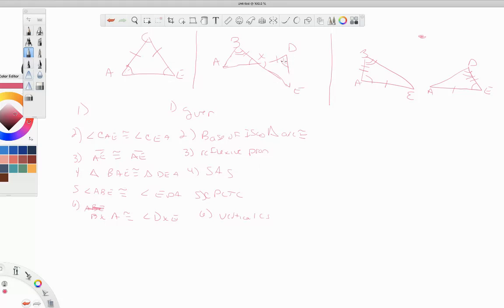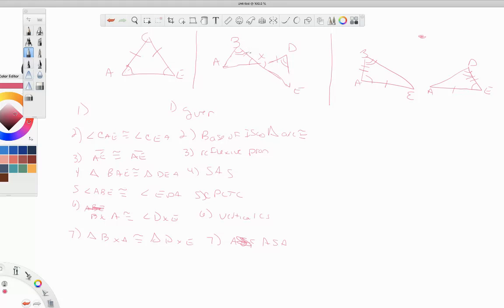Okay, so now I've got angle, side, angle, with the side included. So now I can say this triangle is congruent. So I can say triangle BXA is congruent to triangle DXE because of angle, side, angle.